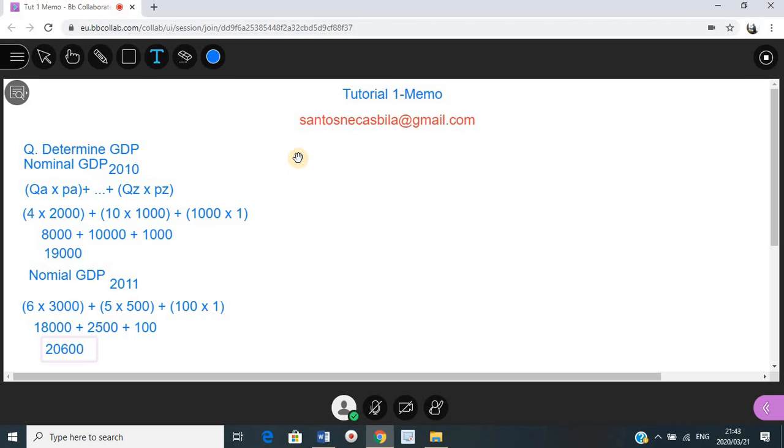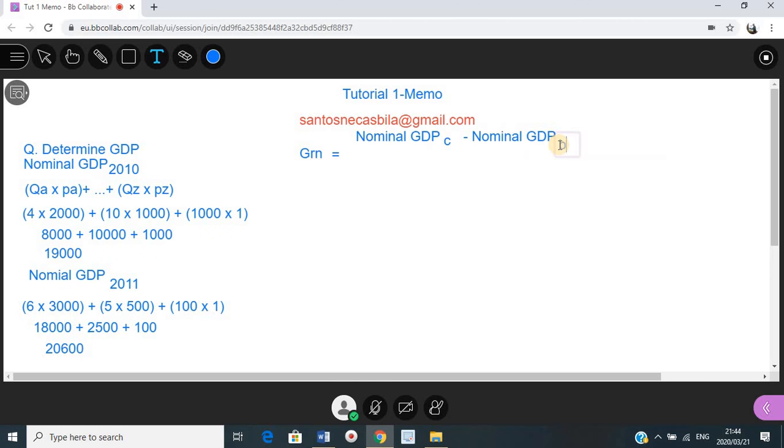So we are going to say the growth rate of nominal GDP is going to be equal to nominal GDP for the current year minus nominal GDP for the base year.